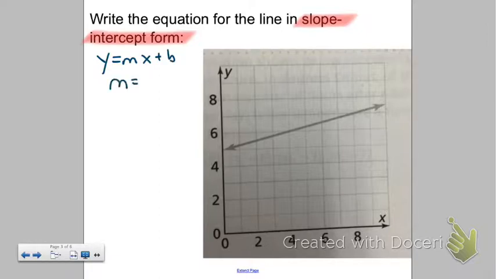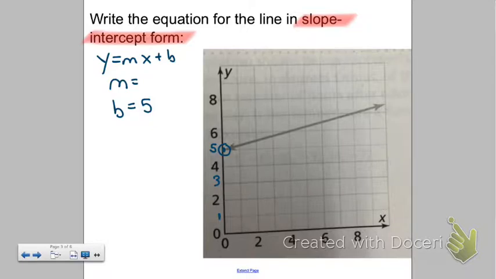I'm going to have to determine what my m value is, my slope, and my y-intercept. The y-intercept is always easiest to see because I just look at my graph. I see that my graph touches the y-axis at this point. Since these are all going by ones, 1, 2, 3, 4, 5, my y-intercept is 5.